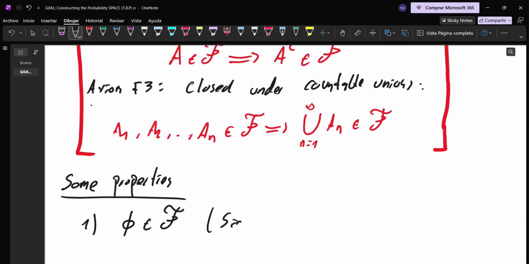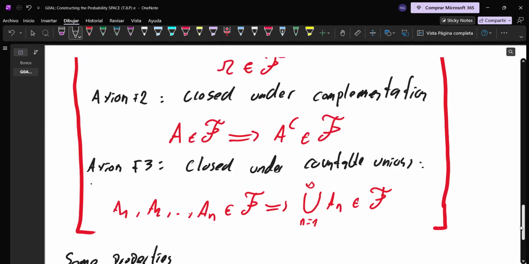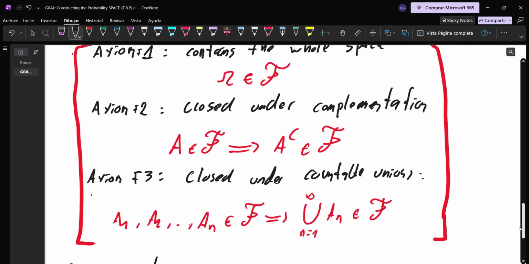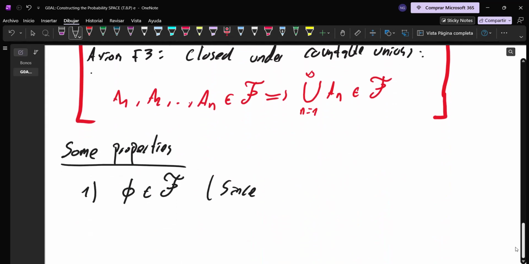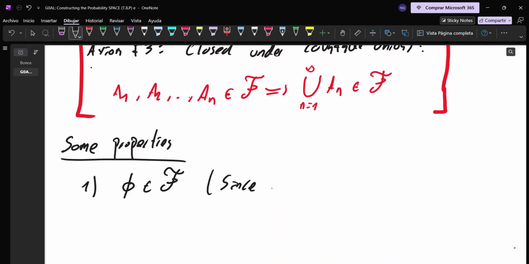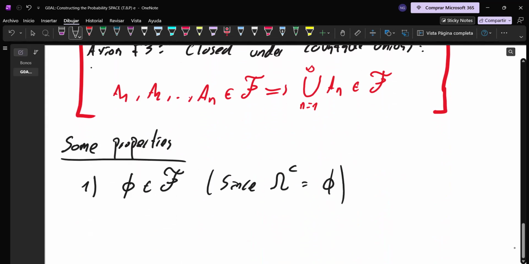Well, axiom one says omega is in F, and axiom two says closed under complementation. So the complement of omega is the null space, and so the empty set is a part of F.